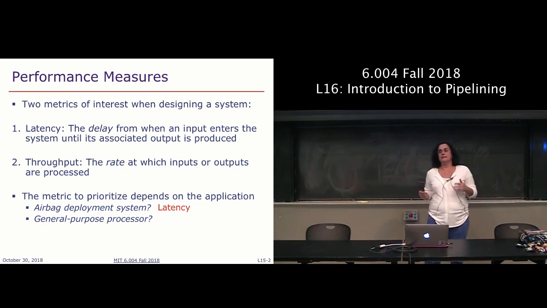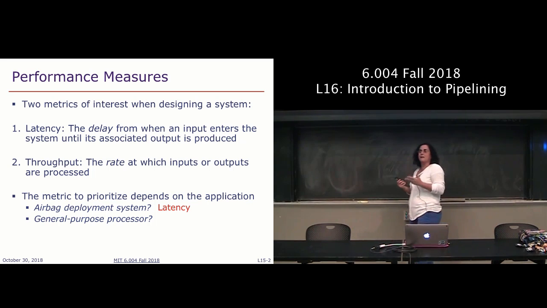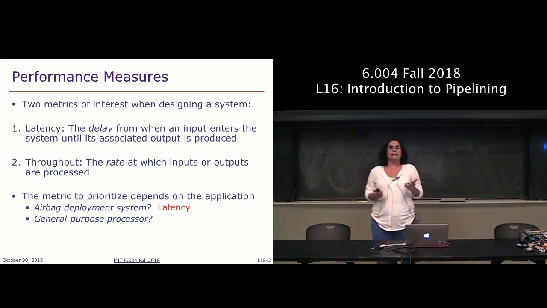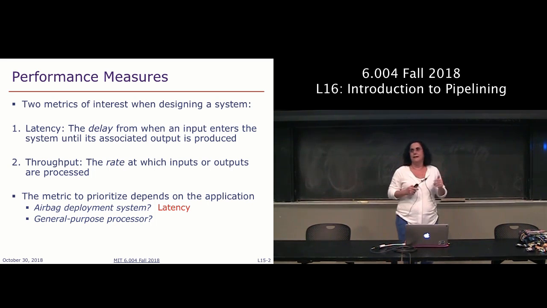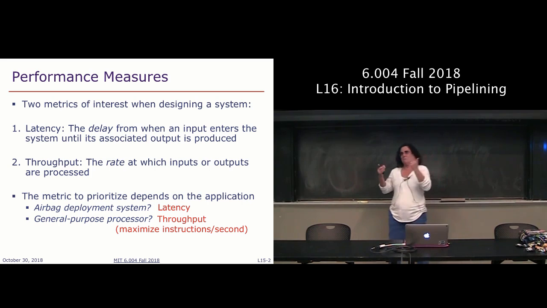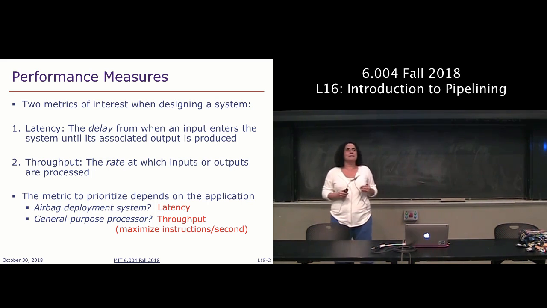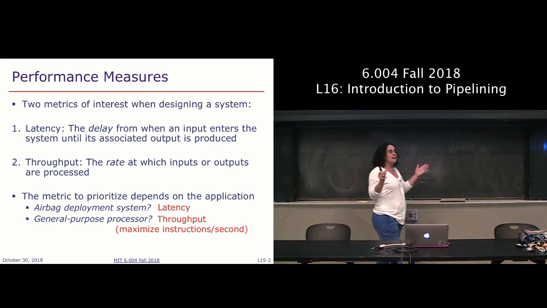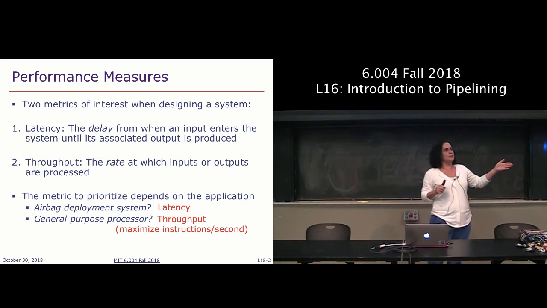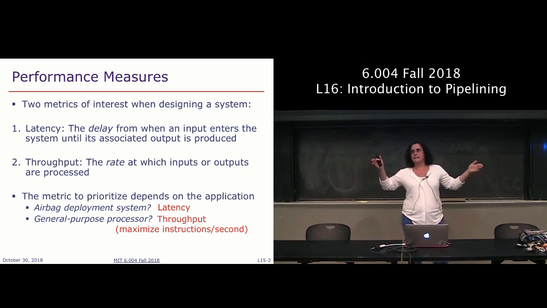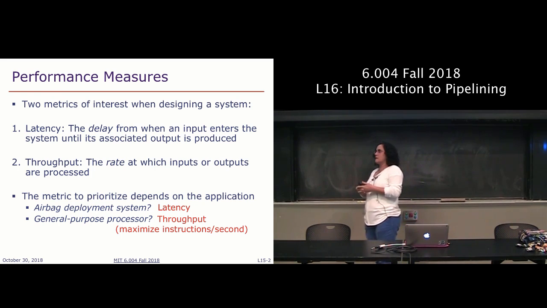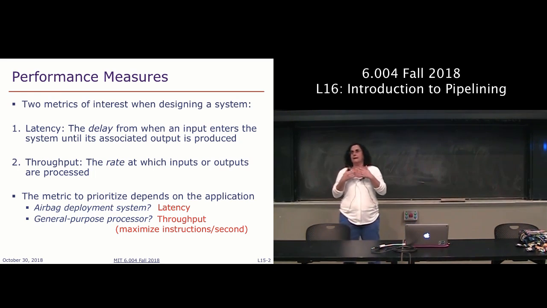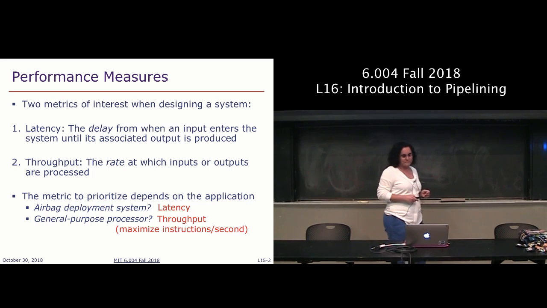They could be in parallel, but the key is that what I care about the most is how many new outputs is my processor able to produce per second. Okay, so that is, as you mentioned, throughput, right? So I'm not so interested in how long it takes from when an instruction enters my system until it's completely executed. What I care about more is the rate at which my processor can handle producing results.